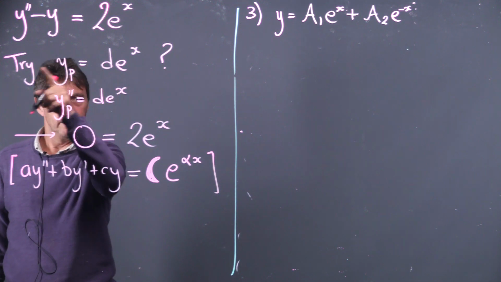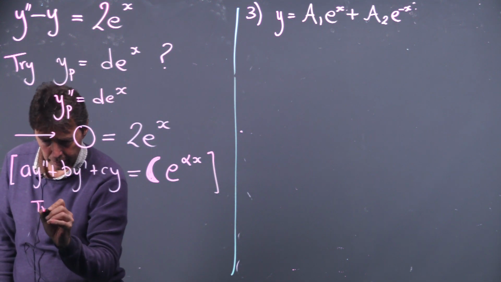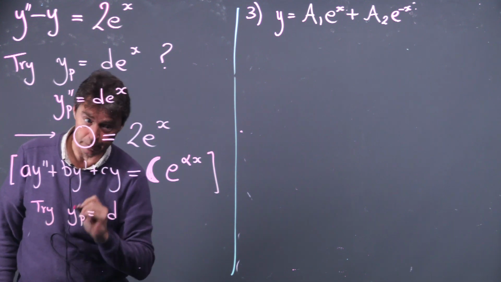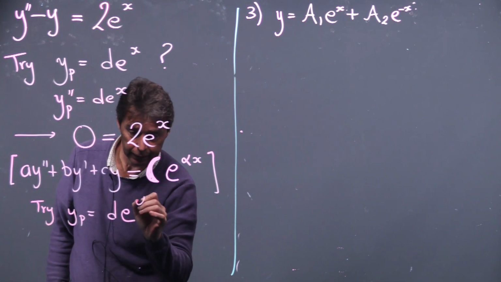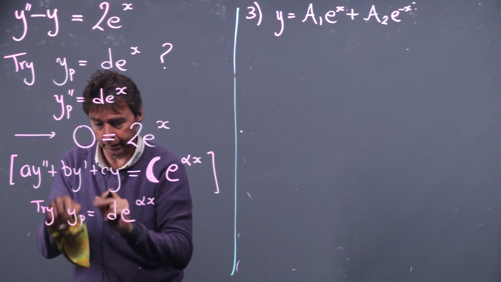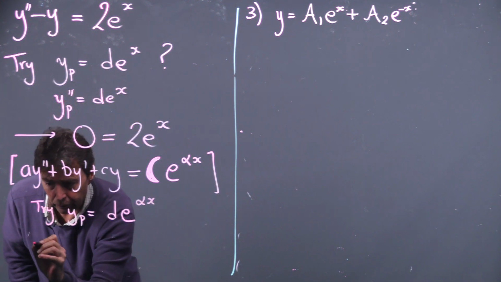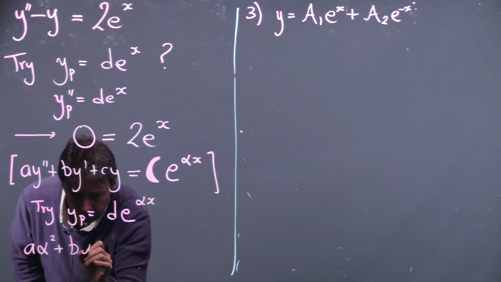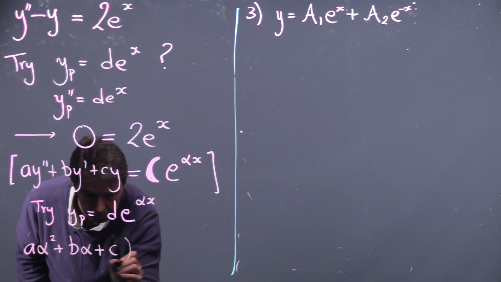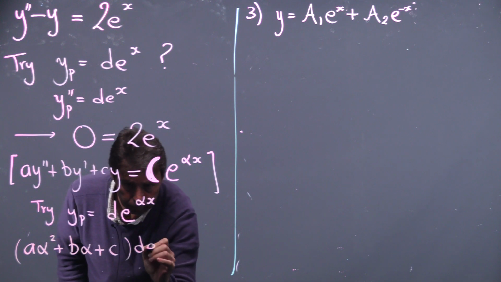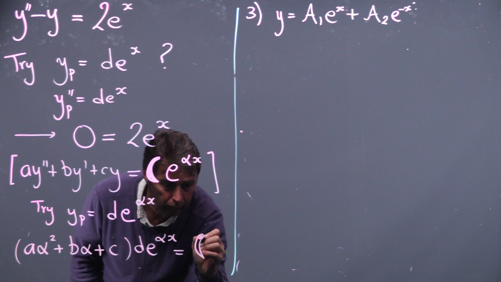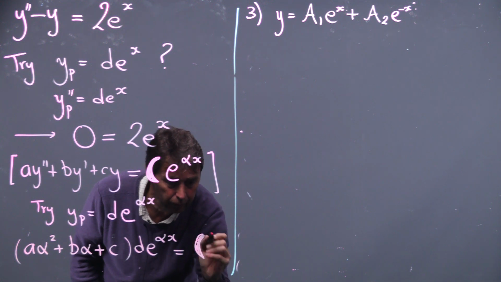So following this recipe, you would try yp is equal to some constant that we're going to pick, d, times e to the alpha x. I take that, I put that into there, and if you just do the algebra, you get the following. There's my banana again.